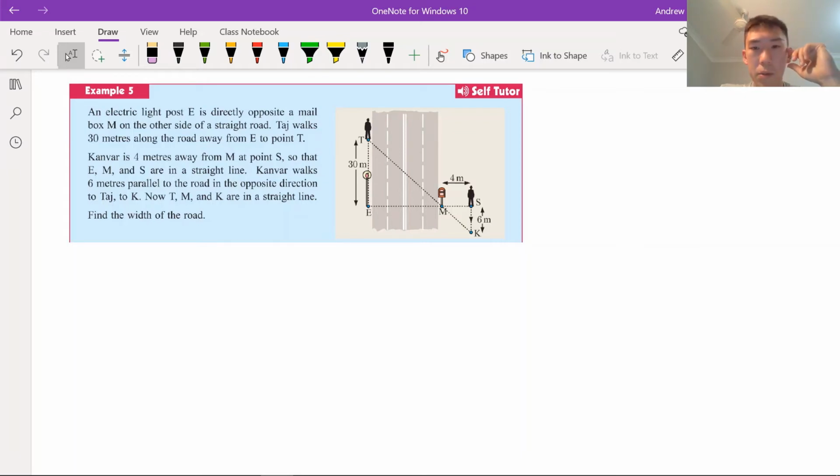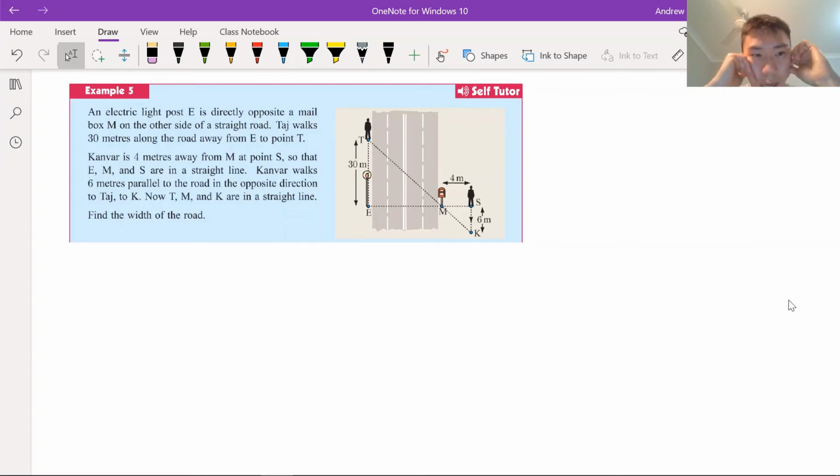Oh, okay, yeah, I'm trying to picture this from a bird's eye view diagram. Taj walks 30 meters along the road away from E. Oh, okay, so he started at E and walked to T, righto.